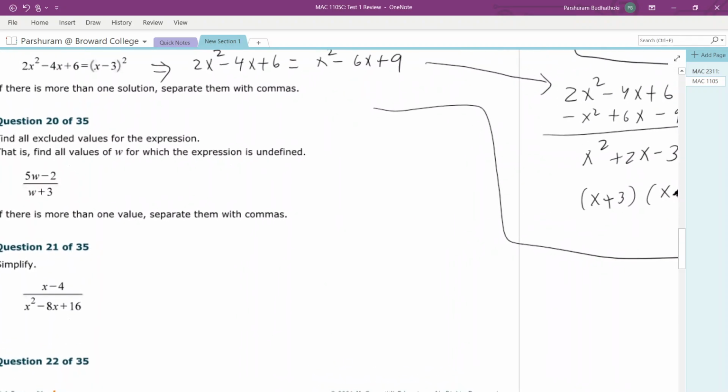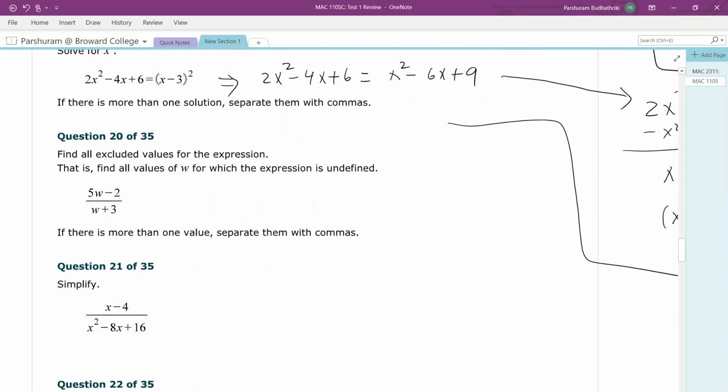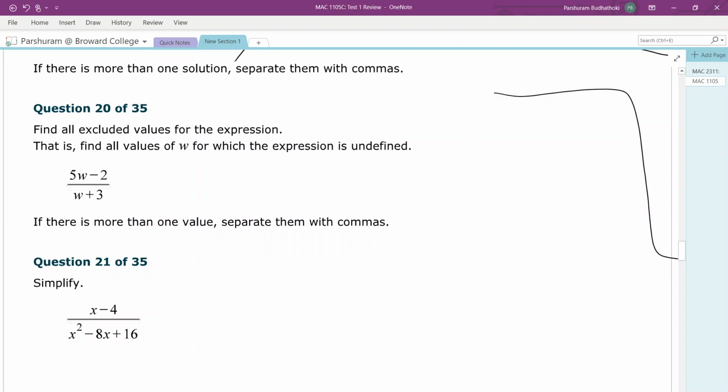Let's go to problem 20. Find all excluded values for the expression. Remember, whenever we are using a rational expression, the excluded value restriction always comes from the denominator. So we have to make this denominator 0 and solve for the variable, that always gives us the restriction.